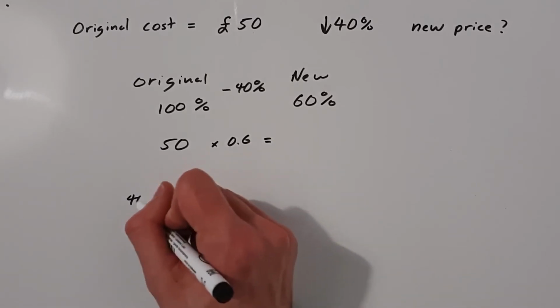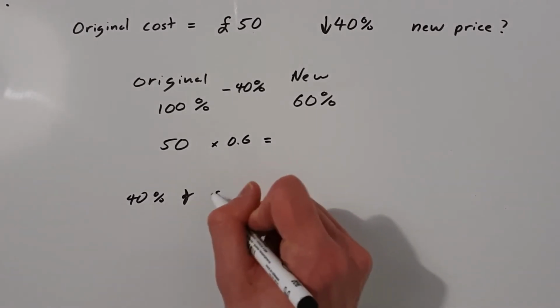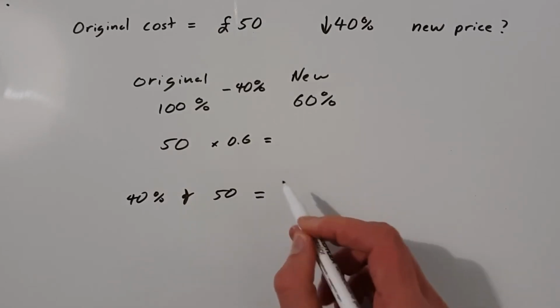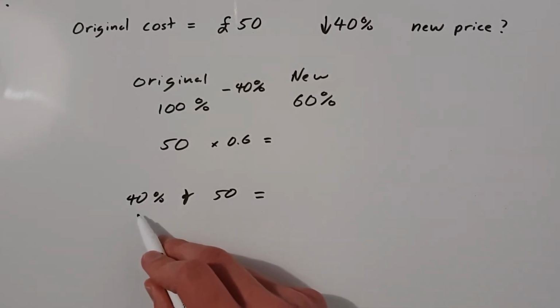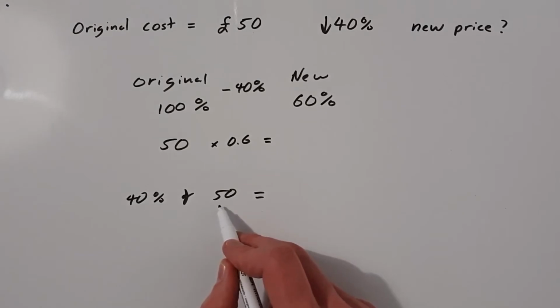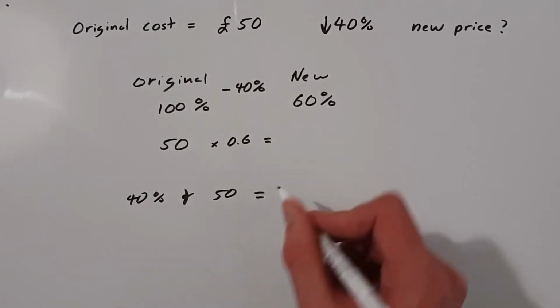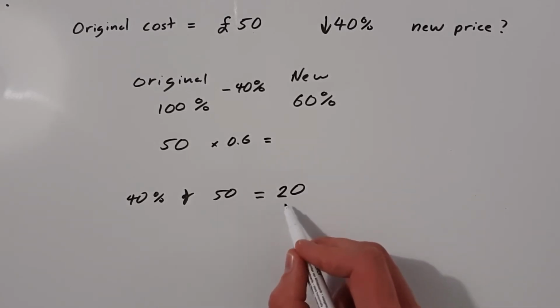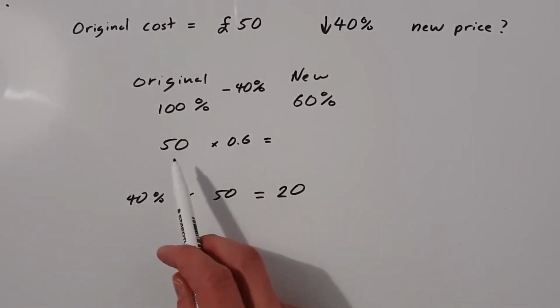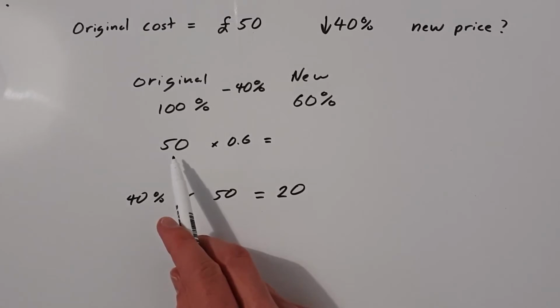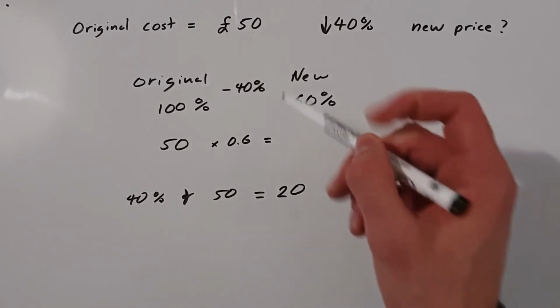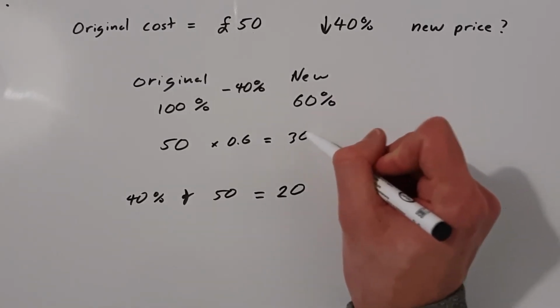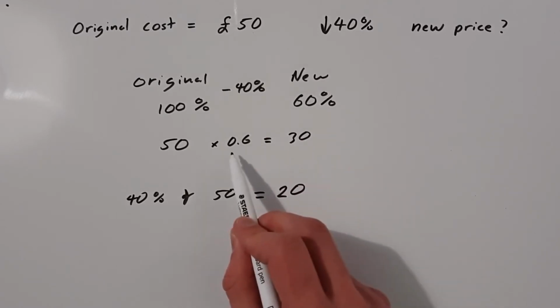So 40% of 50, not quite sure, so it's 10% times 4. So 10% of 50 is 5, just divide it by 10. 5 times 4 is 20. Okay, so now that's our 40%, and we want to take that away. So we've got 40% off, so it's 50 minus the 40%, so minus 20. 50 minus 20 gives us 30, and that would be the same answer that we'd get if we multiplied it by 0.6.